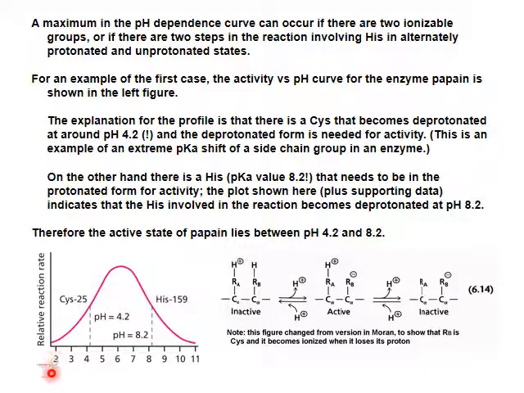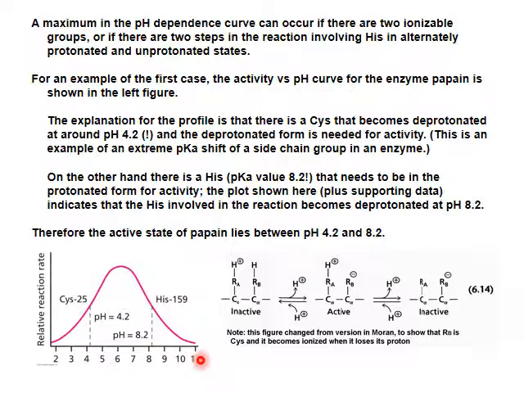The inflection point on the rise of this curve indicates that if this group is protonated, nothing's happening until you start to deprotonate it. And when it's completely deprotonated, the activity is great. It goes for a while, but then as you keep raising the pH, you're starting to deprotonate something else, and now the activity is going down.